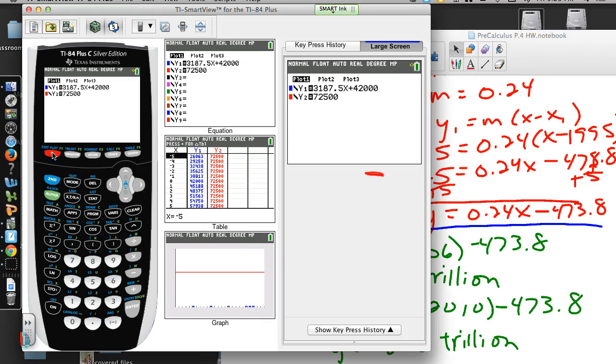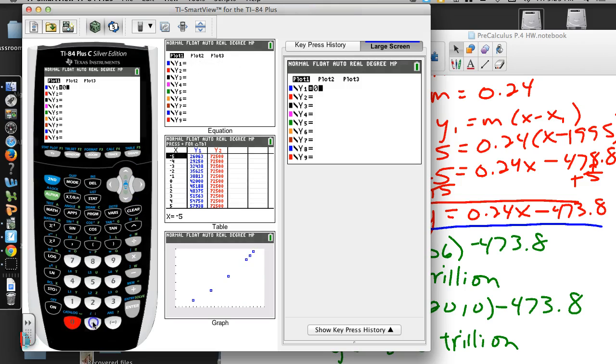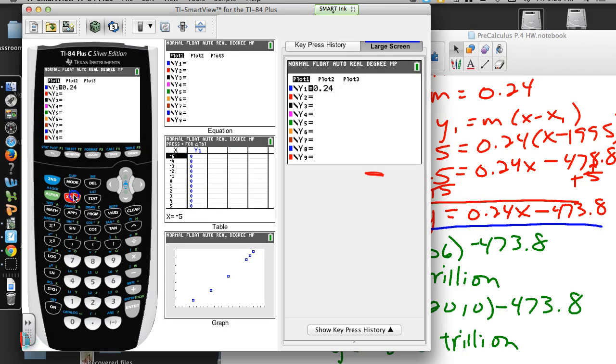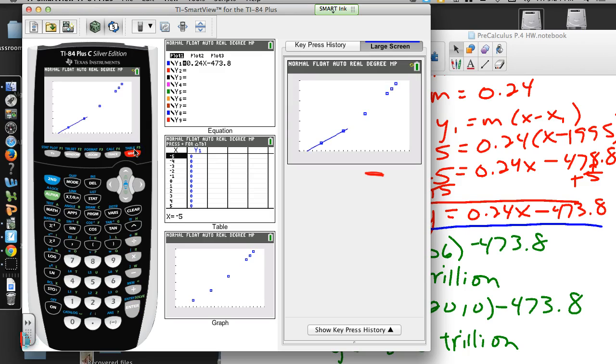So we go into Y equals, and we put in this information. Clear out what I had in there before. So 0.24x minus 473.8. And graph. So there comes our line.